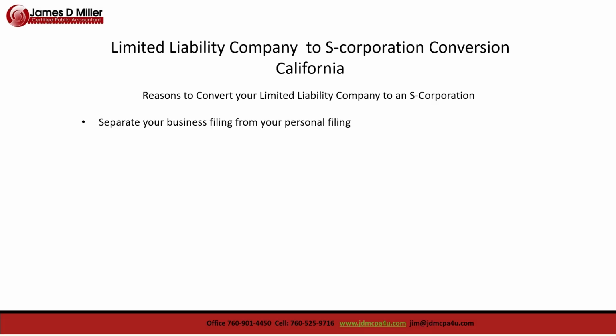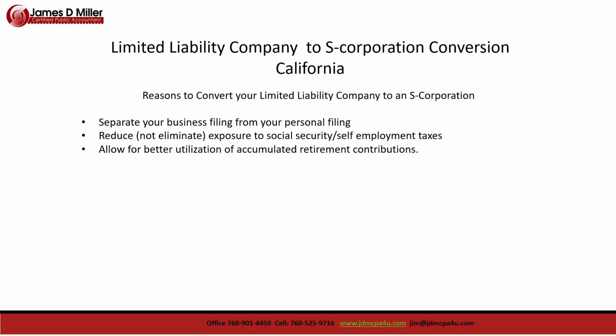A single member LLC files as a Schedule C, so that would be a reason why you would not want to use the single member LLC and would convert to an S corp. You can reduce, not necessarily eliminate, but reduce your exposure to Social Security and self-employment taxes.